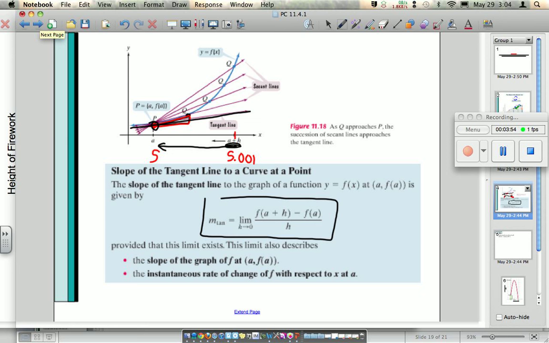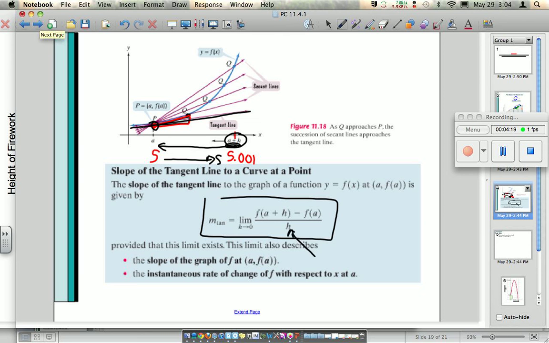So we want actually this h to turn into 0. We want the change to be nothing. We want to go from 5 to 5, not to 5.001, because that's not instantaneous. That has let some time pass by. So what we do is we use limits, and we use what we understand about limits to calculate that. And we find the limit of the slope formula as h gets really small. In fact, as h goes to 0.